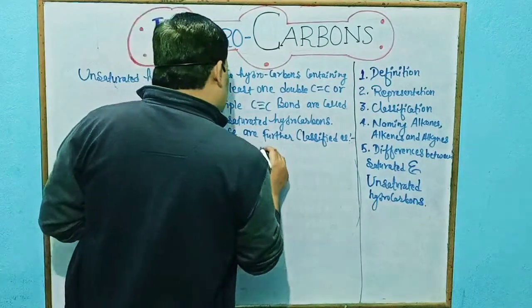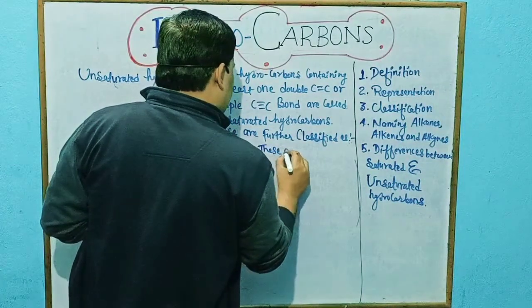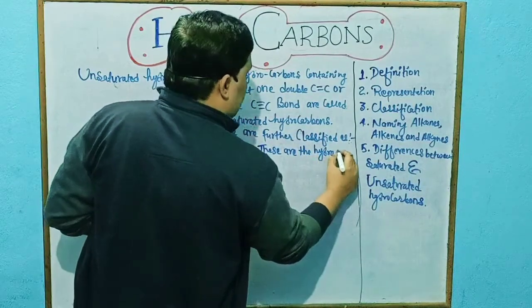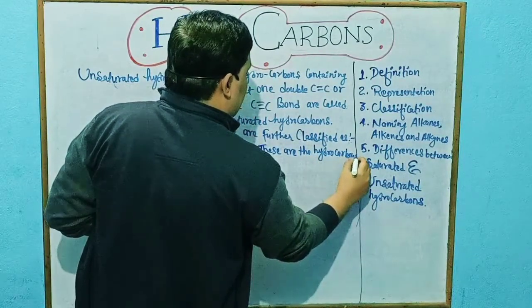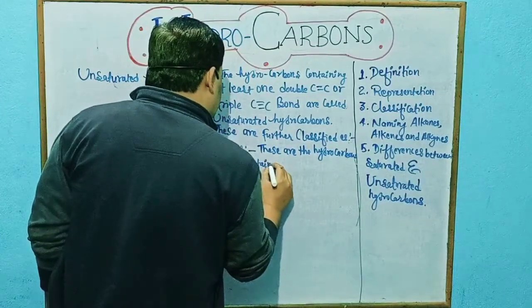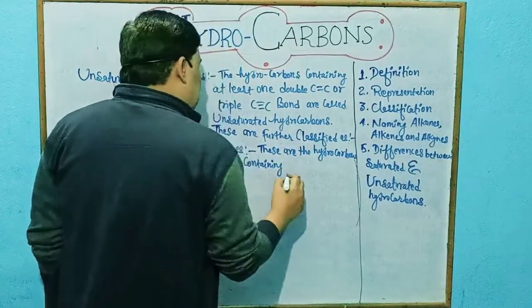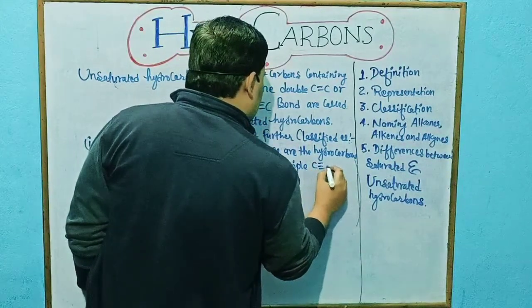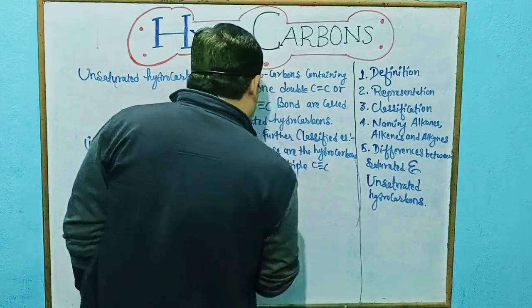And alkynes are hydrocarbons containing a triple carbon-carbon covalent bond.